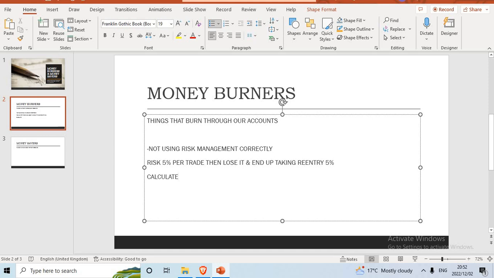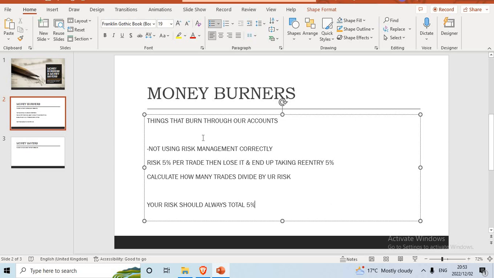So you'll calculate how many trades you'll take, and then you divide your risk, which is 5% in this case, so that it totals up all your risk. It should always total 5%.